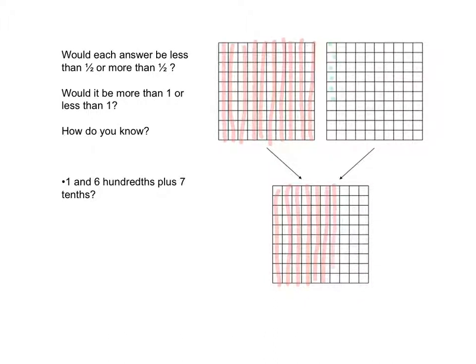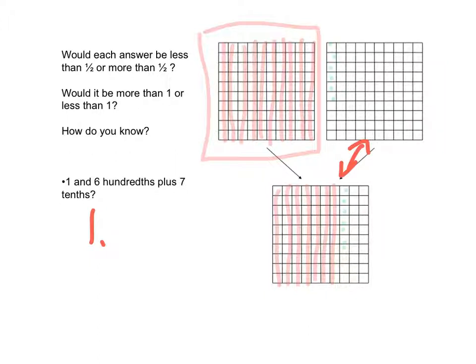Now since we have 1 full square here, we know in our answer we're going to have one whole. And now what we're going to do is look at combining these two. So I'm going to take those hundredths and place them with my 7/10.